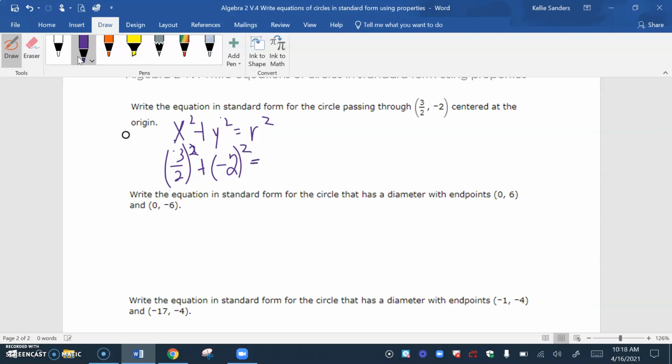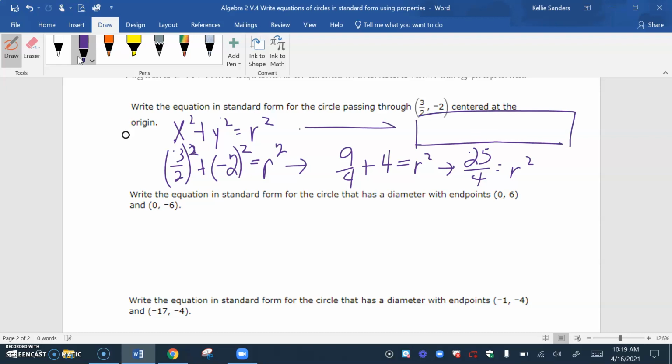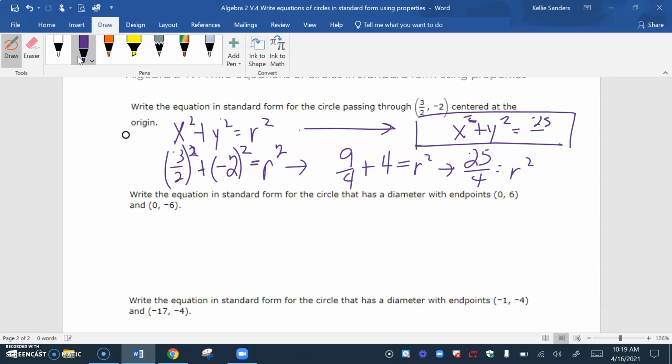If you're going to rely on your calculator and you have a negative, you better be able to put it in parentheses. 3 over 2 times 3 over 2 is 9 over 4. Plus negative 2 times negative 2 is 4. Equals r squared. That would be 25 over 4. Is r squared. So our answer is x² + y² = 25/4.